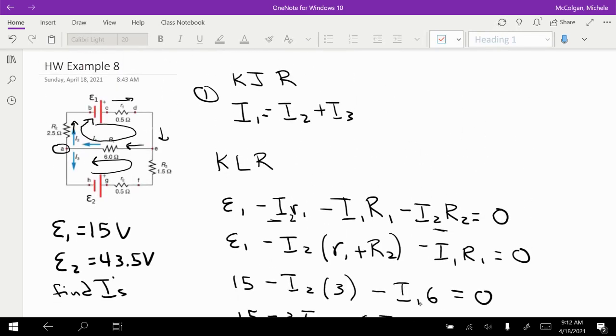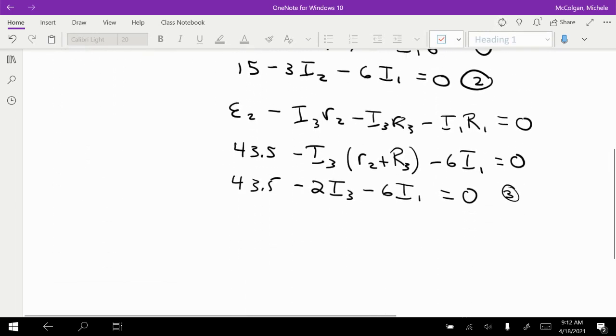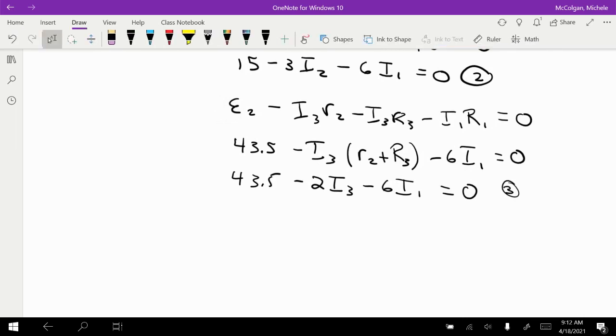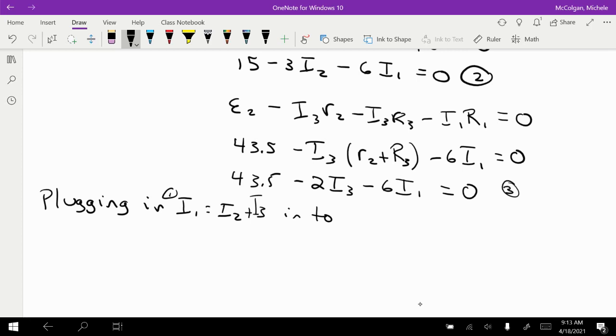I'm going to plug this equation into equation 3. Let's just write that down. So plugging in I1 equal to I2 plus I3 into 3, equation 3.